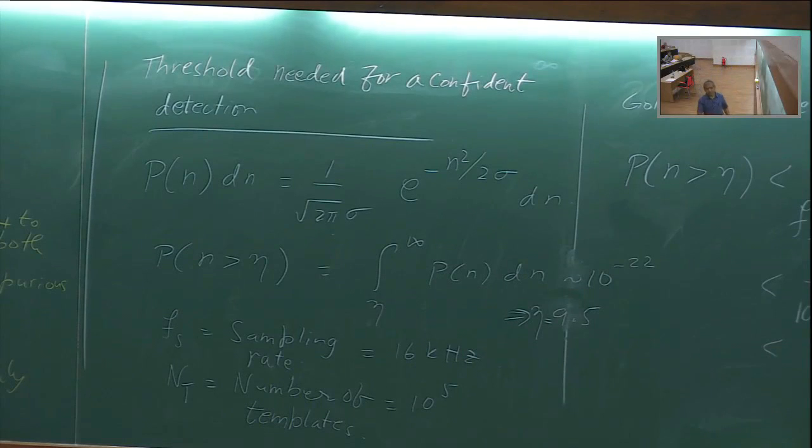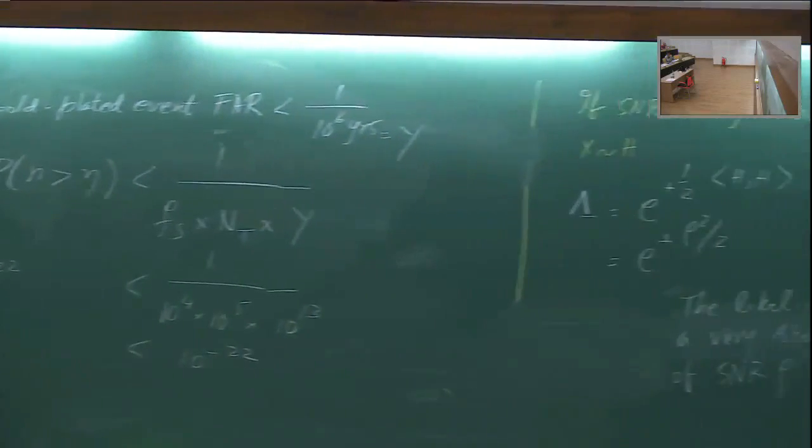All we are doing is saying integral 1 over root 2 pi. You have to assume sigma equal to 1. Okay? 1 over root 2 pi e to the minus x square upon 2, eta to infinity equals 10 to the minus 22. Then you get eta is 9.5.